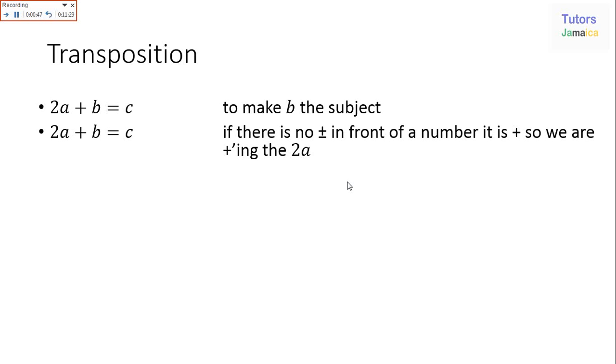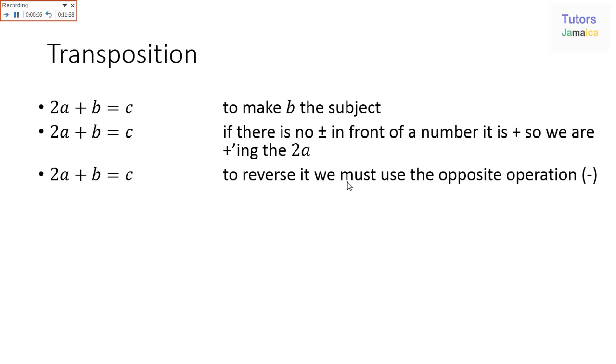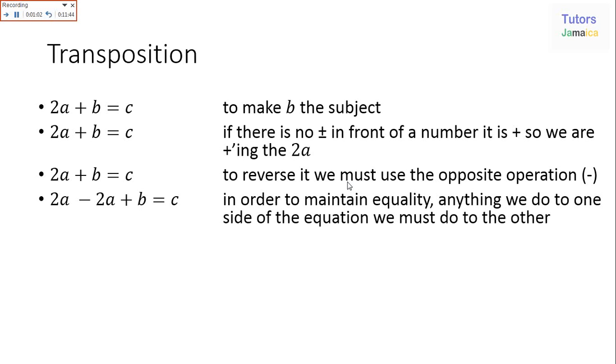So we don't write plus, but we know that it is adding on the left side of the equation in this case. So to reverse this, we must use the opposite operation, which is subtraction, right? So minus 2a, 2a plus b is equal to c.